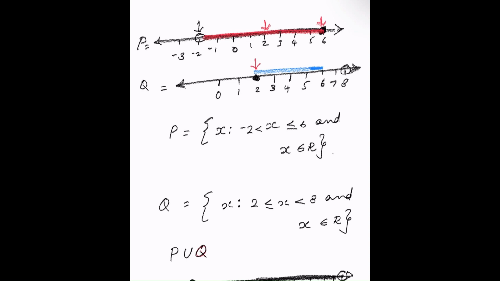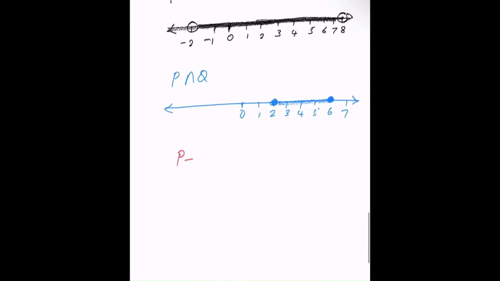When 2 is included in Q, I cannot include 2 in P minus Q. Got it? So both -2 and +2 are going to be hollow in P minus Q. So this is hollow, this is hollow, and this is what the area is.